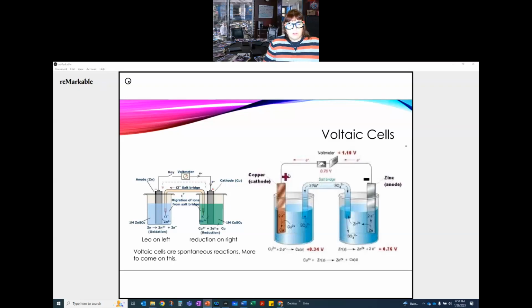Now, if you look right here, you'll see that this one is backwards. We have copper on the opposite side, and we have plus 0.34 volts, and the zinc is 0.76 volts, and that means that this is a 1.10 volt cell. All those numbers mean nothing at the moment, but we're going to talk about how we get those numbers.